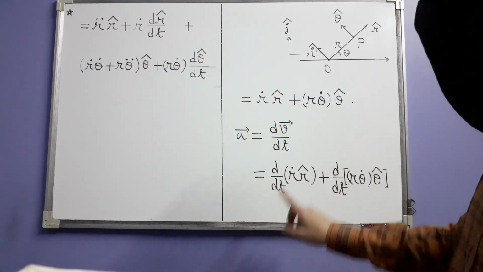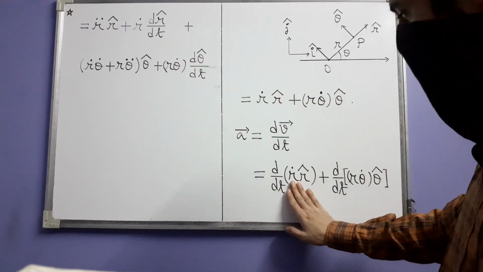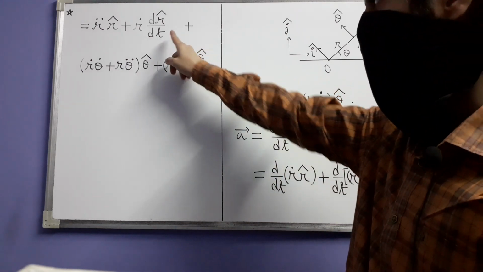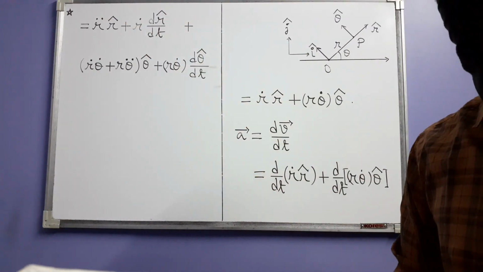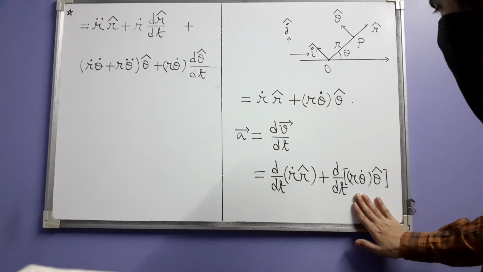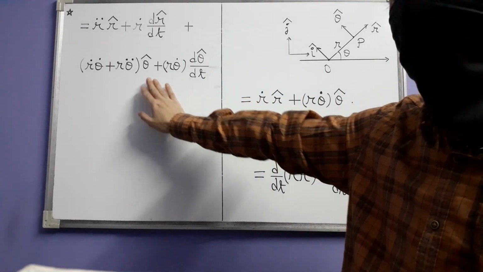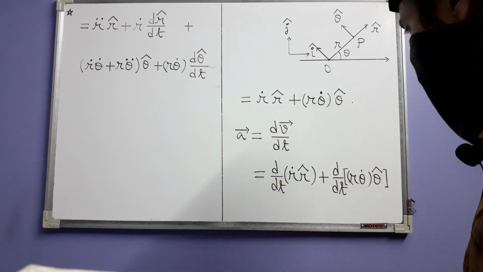In that term, R hat is untouched, but then we keep this as it is, that is R dot, and differentiate R hat with respect to t. So these two terms equal the first derivative. But then what about this? We have actually skipped steps here, or rather the author has skipped steps. This is how it appears in the book.